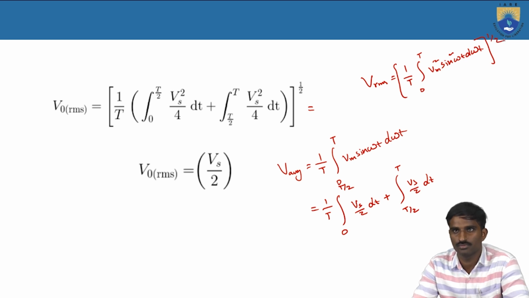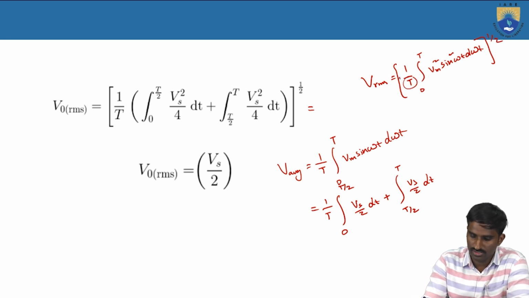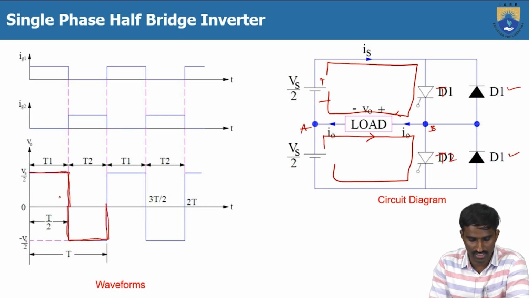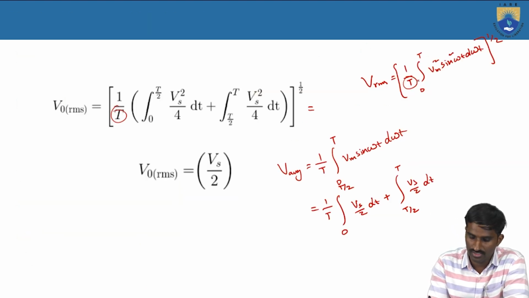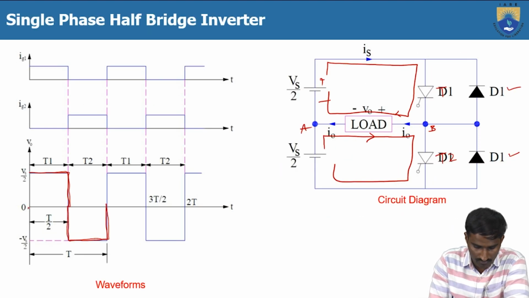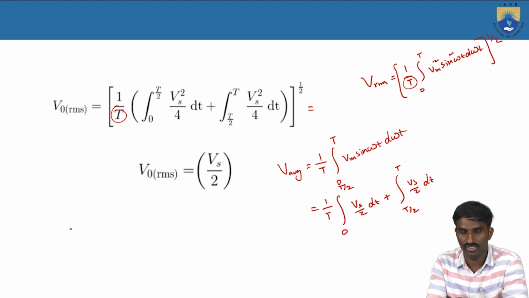Here again the total time period of this waveform is T. From 0 to T by 2 we are getting the positive waveform, and T by 2 to T we are getting the negative waveform. So that's why we are dividing into two functions.